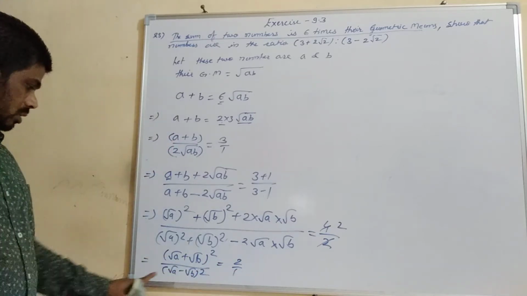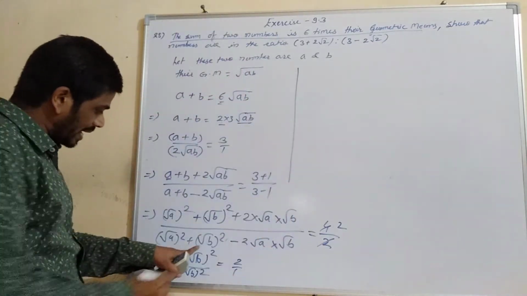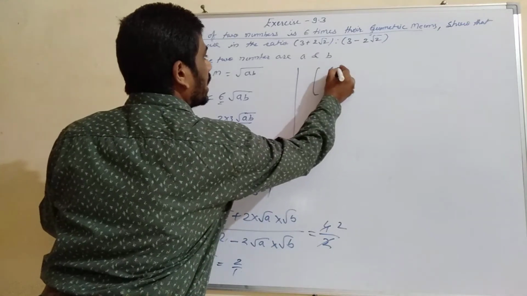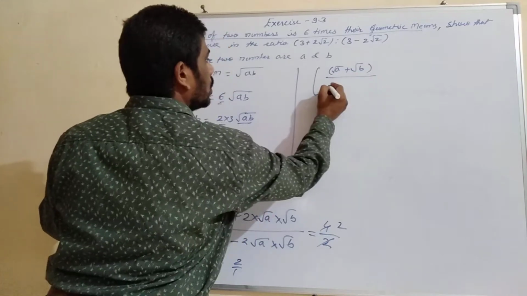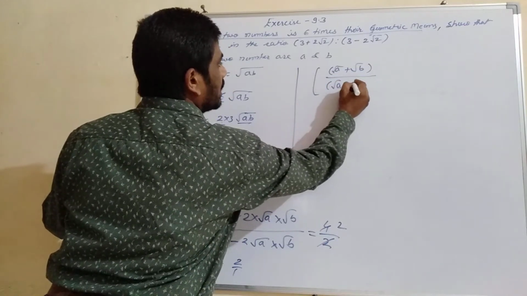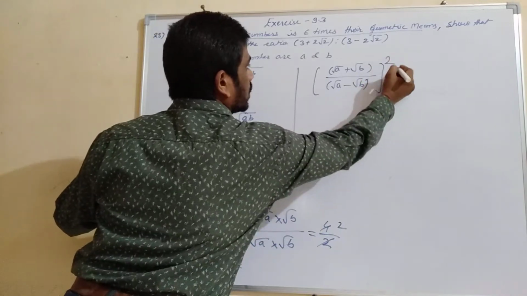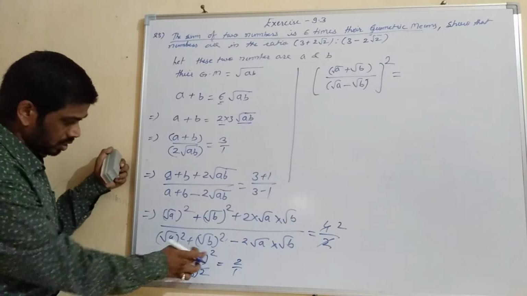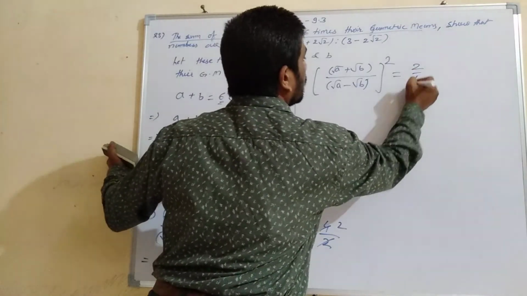Since both numerator and denominator are squared, we write a common power: root a plus root b upon root a minus root b, whole squared, equals 2 upon 1.